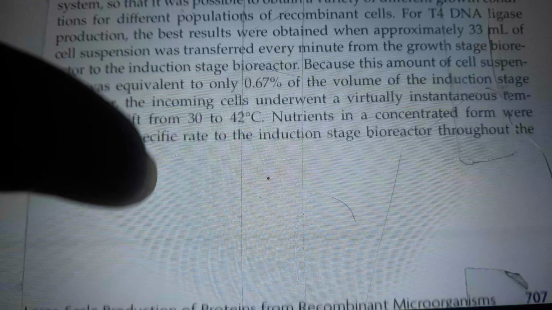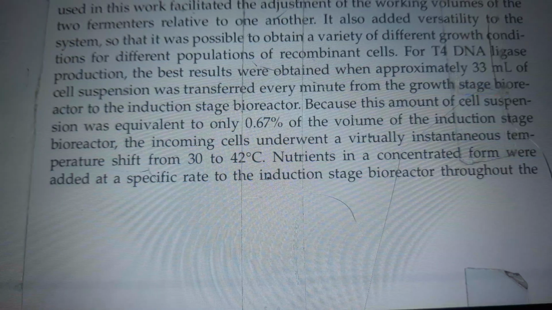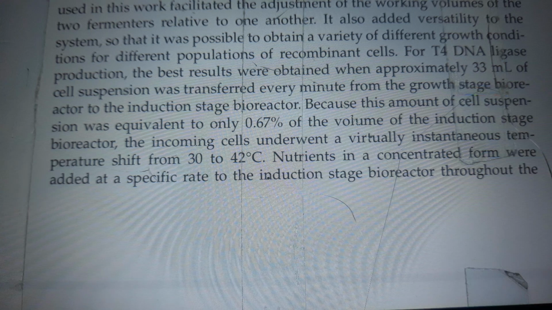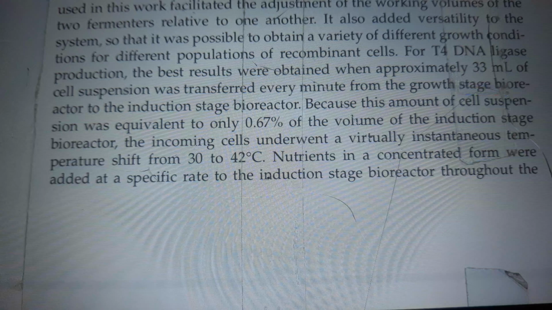The double external loop design of the airlift fermenter used in this work facilitated the adjustment of the working volumes of the two fermenters relative to one another. It also added versatility to the system so that it was possible to obtain a variety of different growth conditions for different populations of recombinant cells.